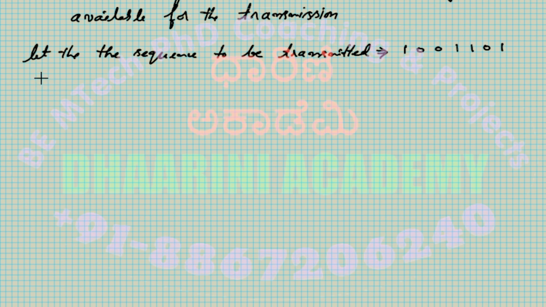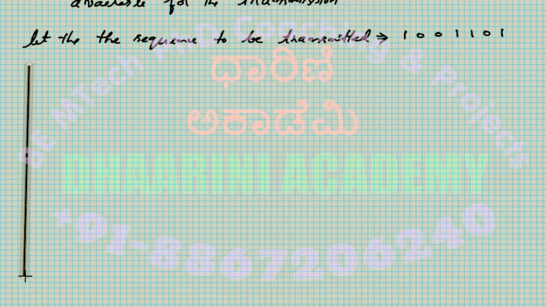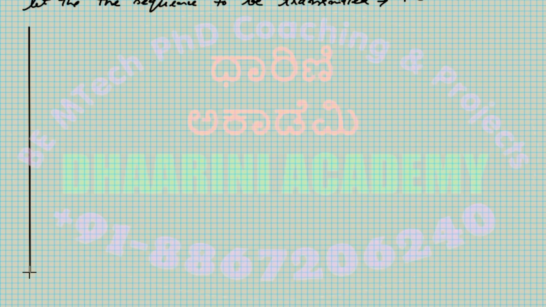So let me start with the plot. This is the time axis, say t is equal to 0 for us. First, let me write the allowed time.